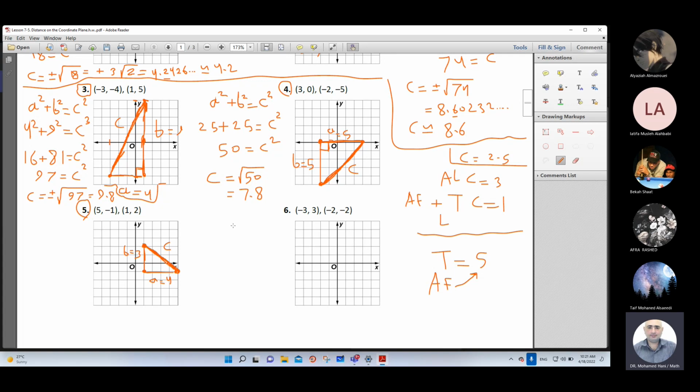Okay, check with me. A squared plus B squared equals C squared. A squared means 4 squared, 4 times 4, which is 16. And B squared means 3 squared, which means 9.